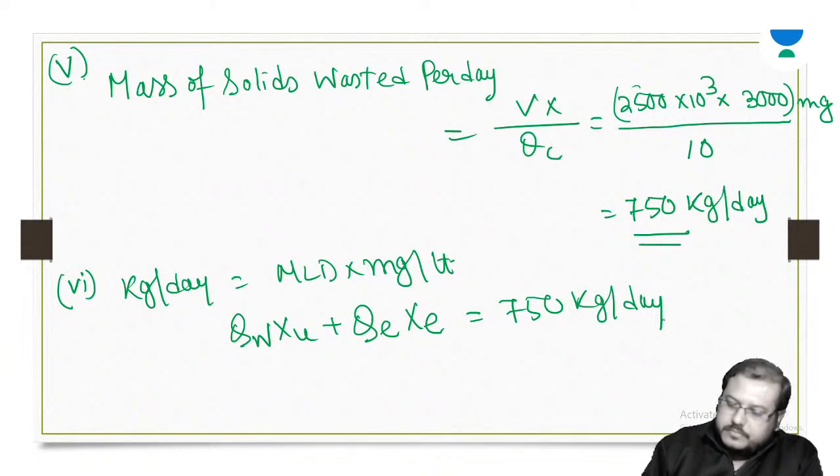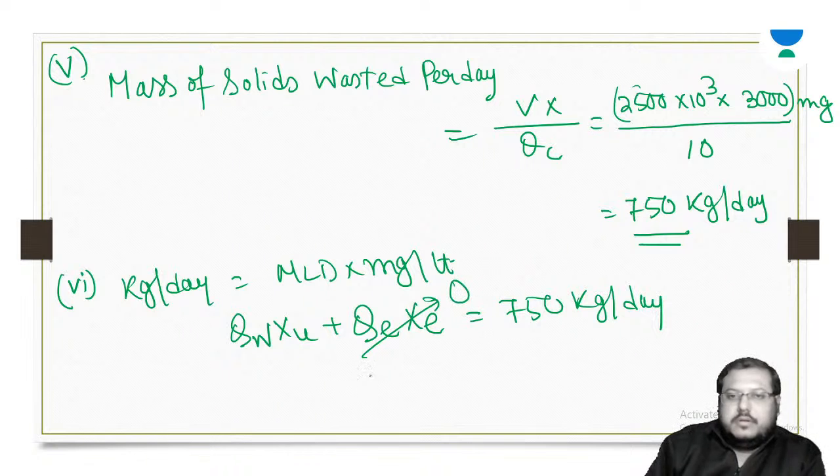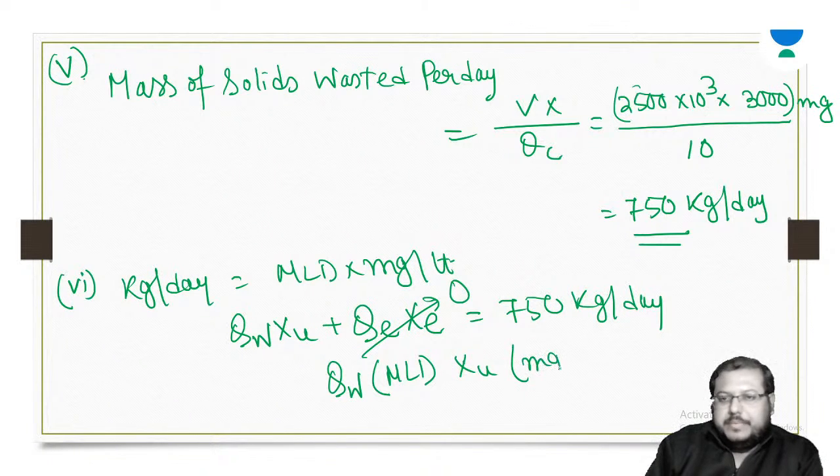Now QE and XE both are not provided, we will take it as 0. So QW in MLD into XU in milligram per liter, that is equals to 750 kg per day.